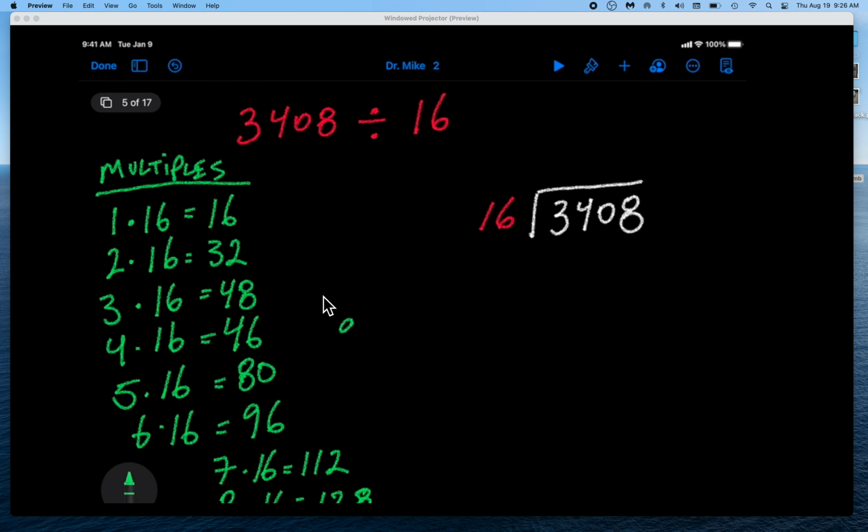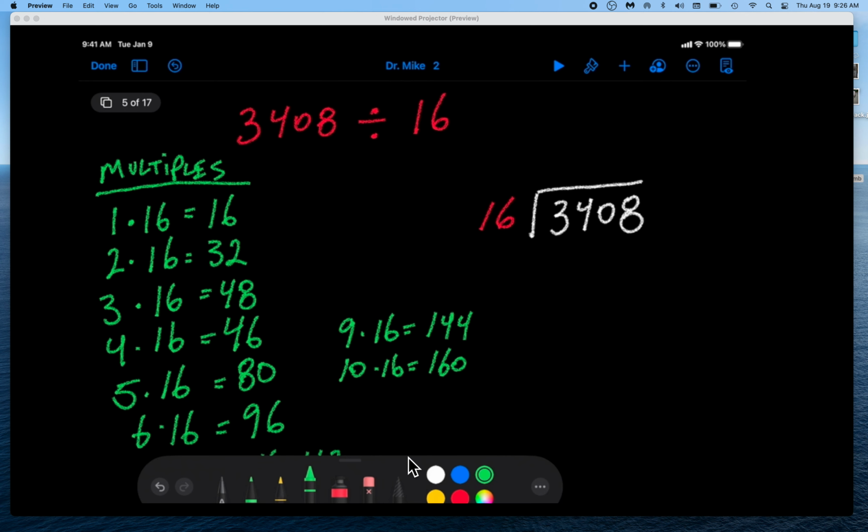Running out of room here, sorry. Okay, so all the information we need to complete this problem is now in green. Okay, let me show you how this works.